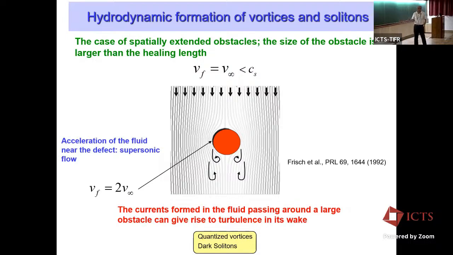Basically, due to the conservation of the flow, we have an acceleration of the fluid in the vicinity of the obstacle, around the obstacle. Then the currents that are formed in the wake of the defect can give rise to turbulence and the observation of quantized vortices and dark solitons.